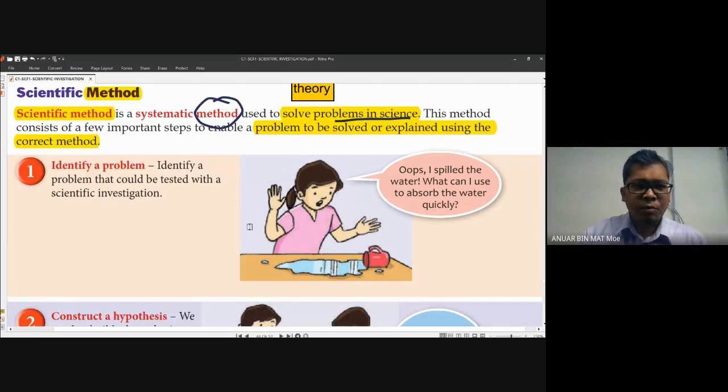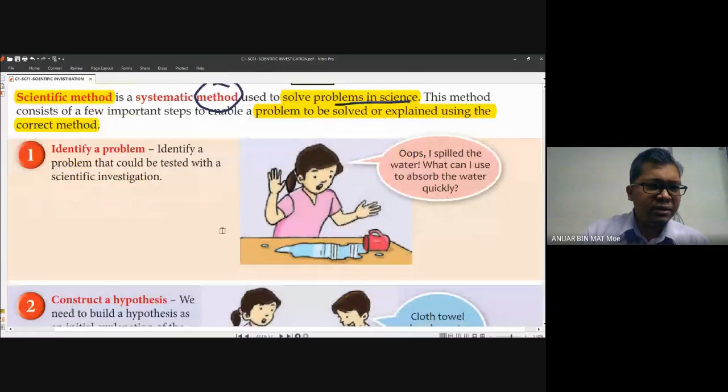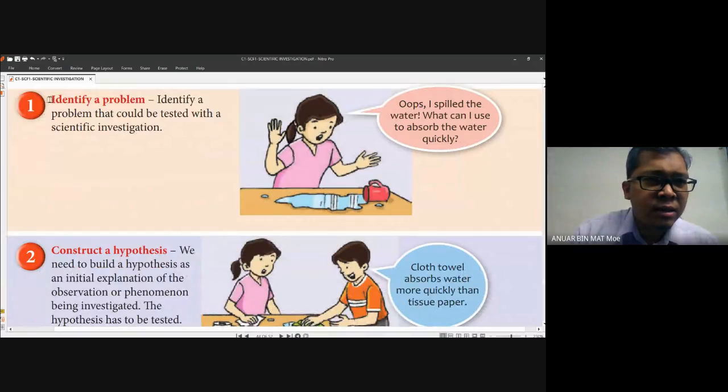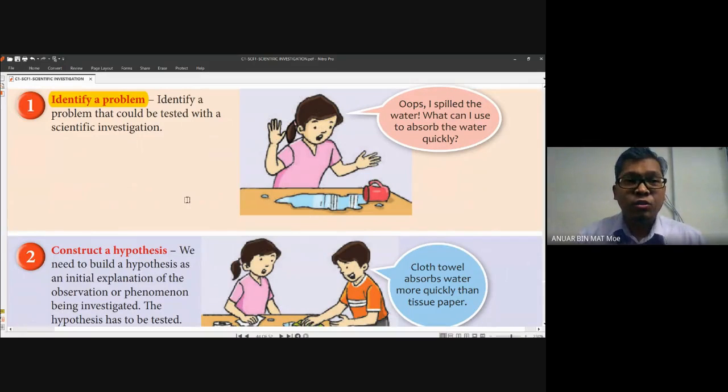So what is method number 1? Okay, method number 1, in order to solve the problem, you need to identify the problem. Okay, how to identify the problem? Usually by your curiosity, perasaan ingin tahu.